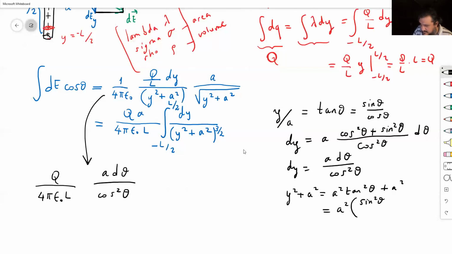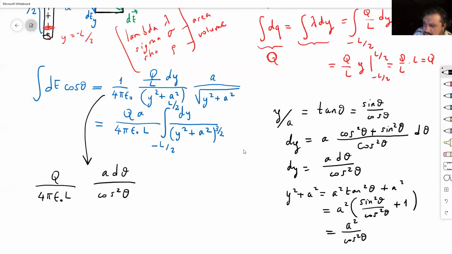Sine squared theta over cosine squared theta plus 1, factoring a squared out. And then here you have sine squared plus cosine squared in the numerator, which is 1 again. So you will have a squared divided by cosine squared theta, right?